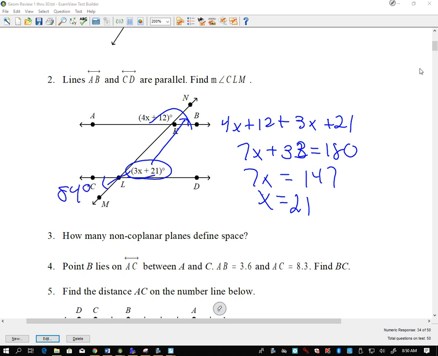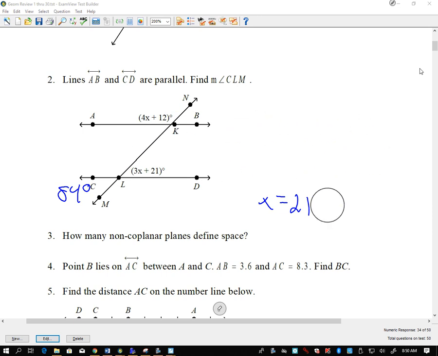Now the question on the test, let's imagine, I'm going to try to give you something a little bit similar to what's actually on the test. Let's say that instead of 4x plus 12 being where it is, we moved it and made that the measurement that went right here. That would make those two angles alternate interior. What do we know about alternate interior angles? They're congruent.